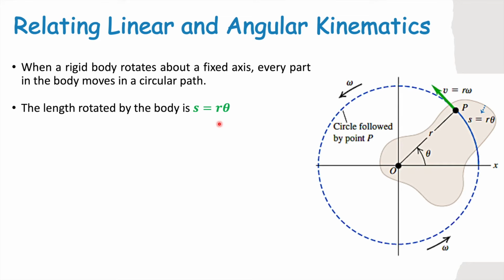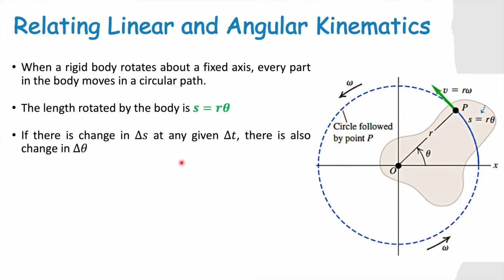and theta is the angular displacement of P. Once your displacement, or rather the length over time, changes, there is a change in theta. Again, once your length, or shall we say distance over time, changes, R is simply constant, right?